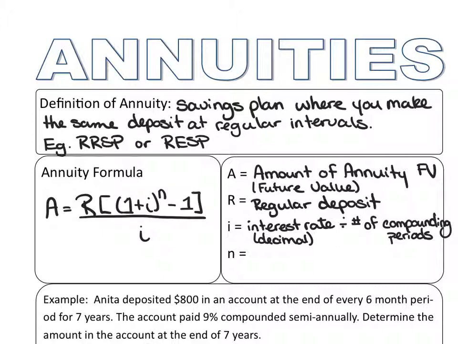And n is our total number of compounds, so it's usually the number of compounding periods times the number of years that we have the annuity for. If you took grade 11 and you did the compound interest, I and n are calculated the same way, but I'm going to remind you when we do our example. So let's move down the sheet and we'll do the example so you can see how it all works.